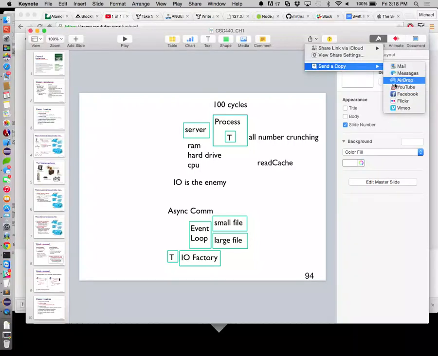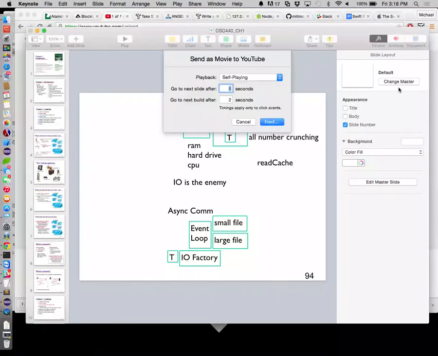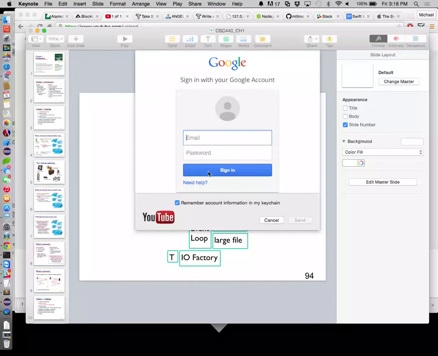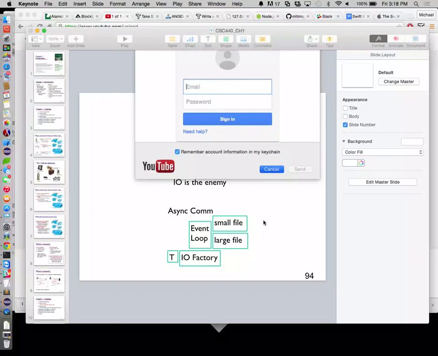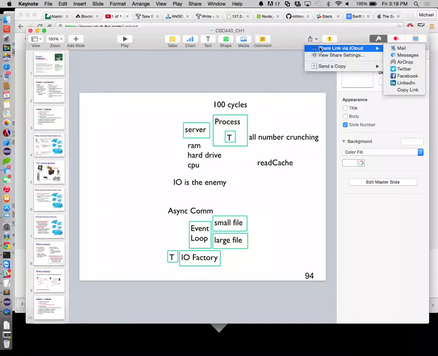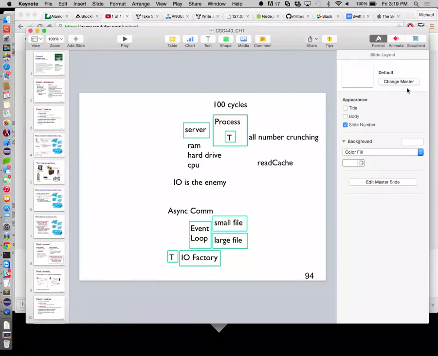Do it. Just play the slideshow. It's pretty slick. Send a movie to YouTube. Next. Why would anybody go to YouTube and just watch a slideshow? That doesn't seem right. Yeah. Copy link.